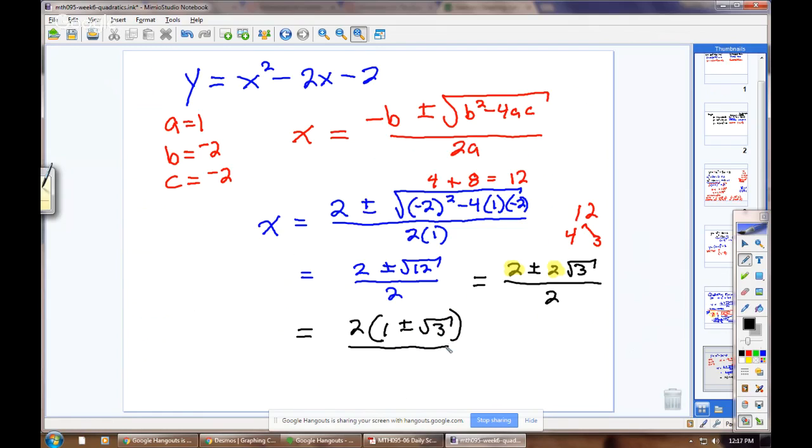Now that that 2 can be factored completely out, I can cancel it. But I can't cancel until I do that factoring. Canceling is basically dividing and saying a number divided by itself is 1. So it looks like the final simplified answer here is 1 plus or minus the square root of 3.